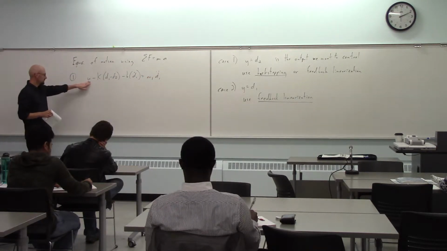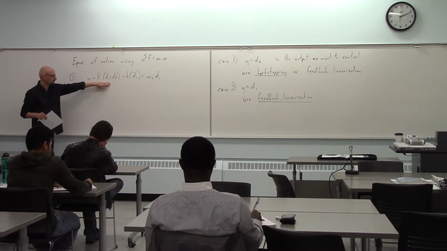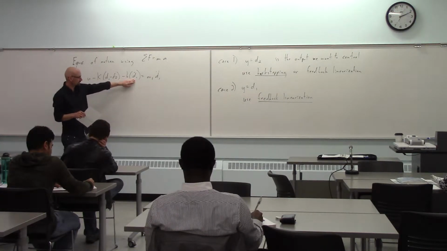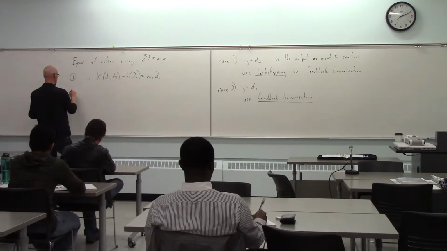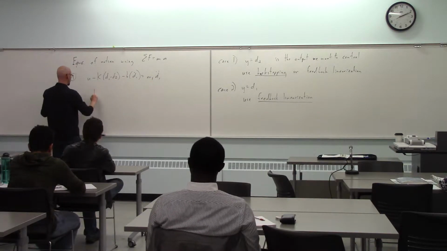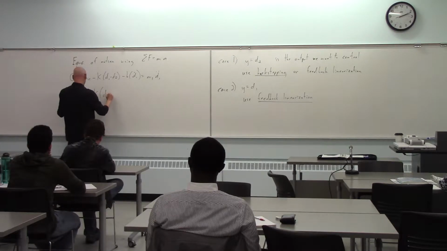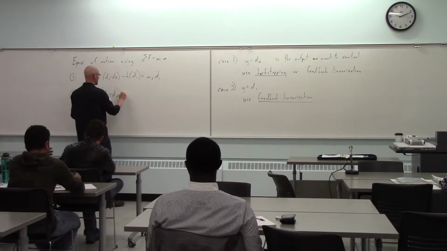So I have control force coming in, spring force, and nonlinear friction force equals mass times acceleration. The spring force in the other mass is equal and opposite.